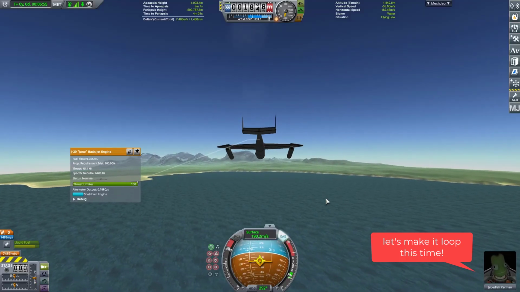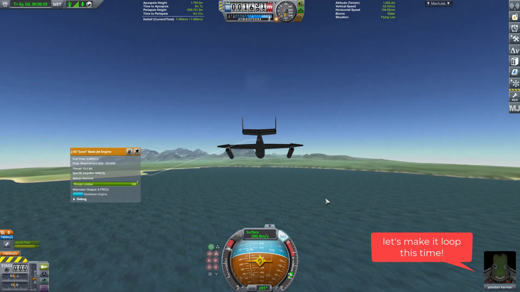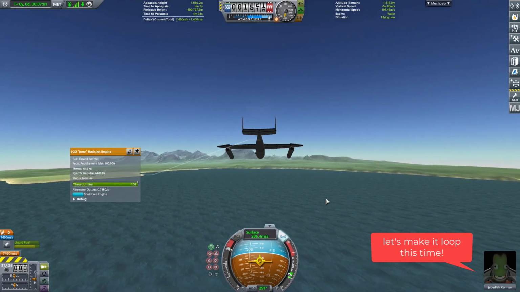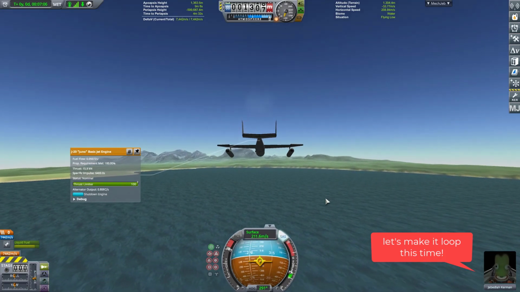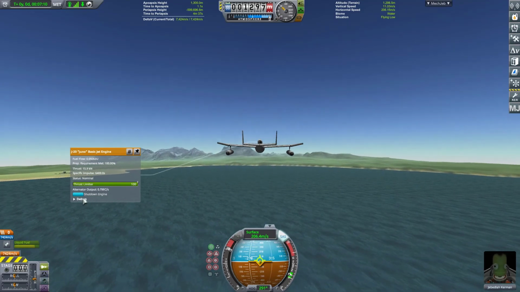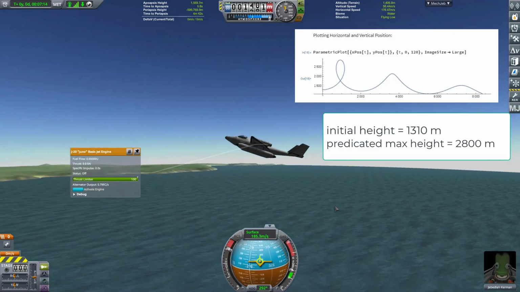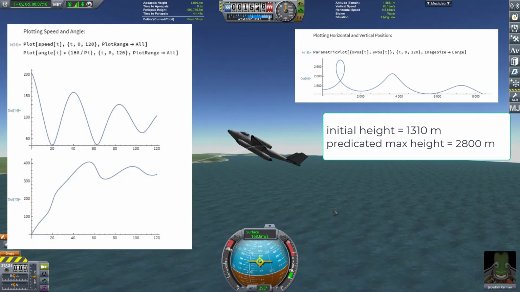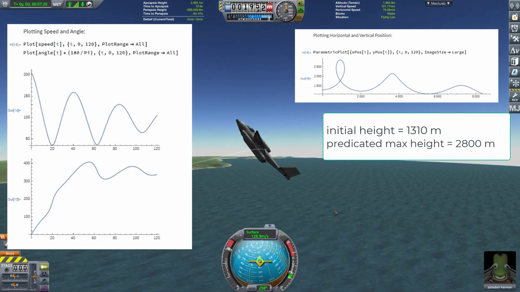All right, so I'm initially flying downward here to use gravity to help pick up speed, get past 200 meters per second. And then I'm getting ready to hit engine shutdown and level off. Engine shutdown right there, and then it pitches up, and it was at 1310, and now the altitude is gaining, the pitch is increasing.